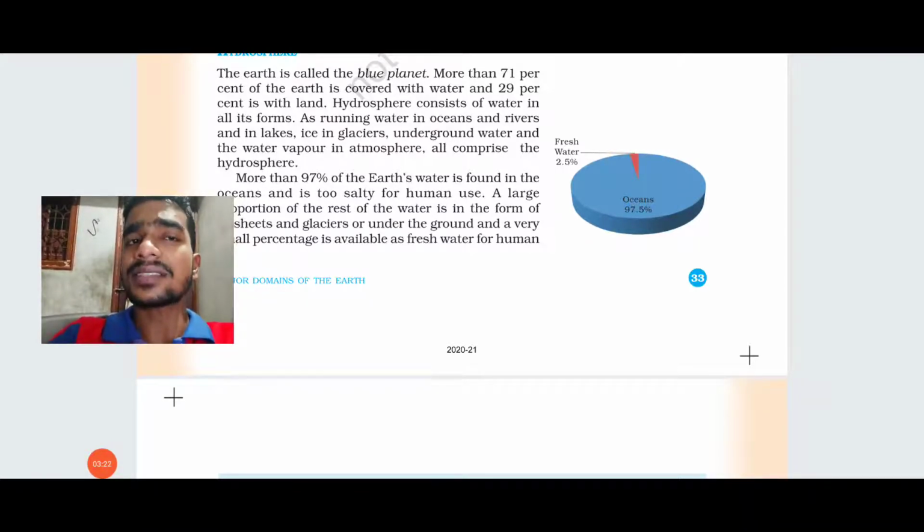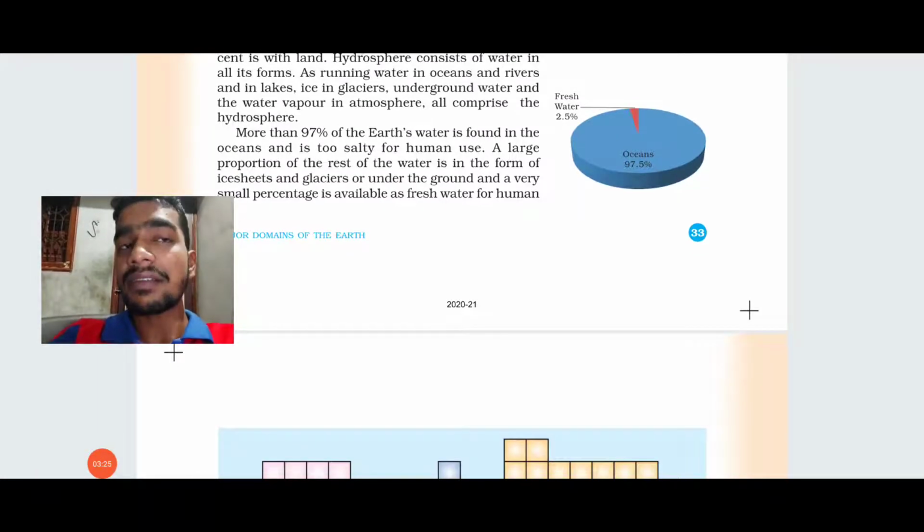All of these comprise the hydrosphere. More than 97% of the earth's water is found in the oceans and is too salty for human use.